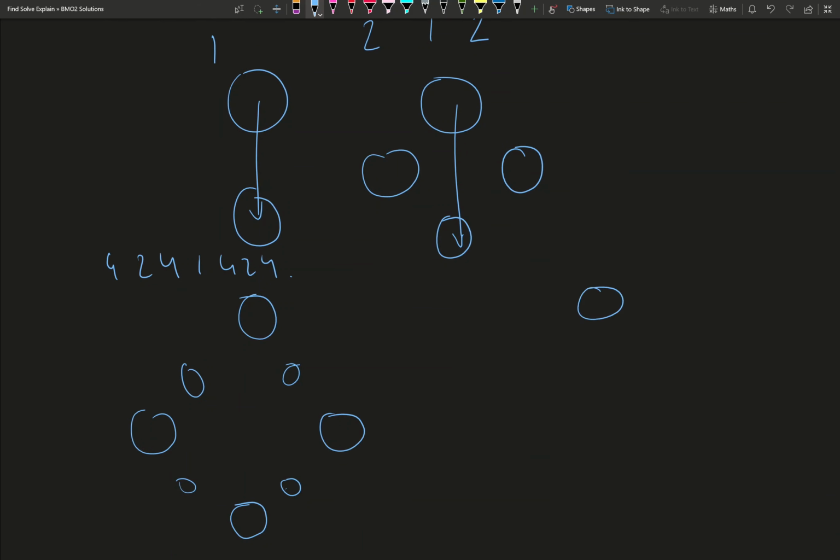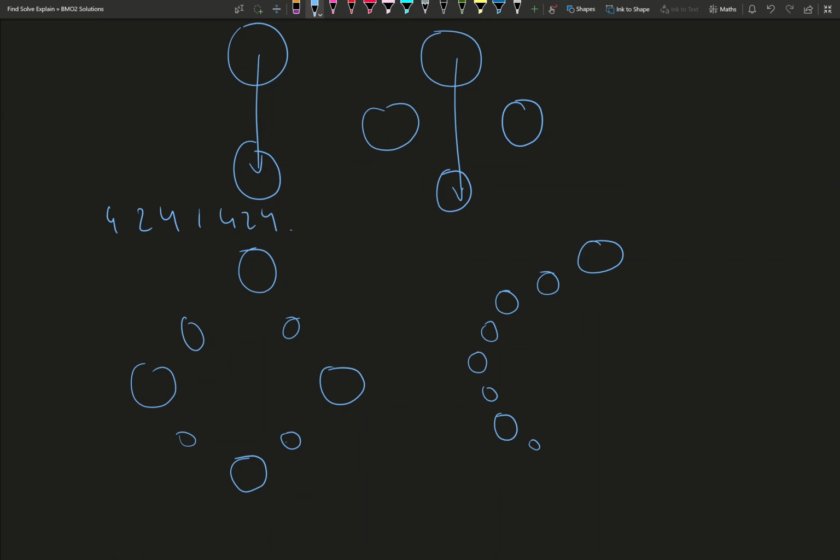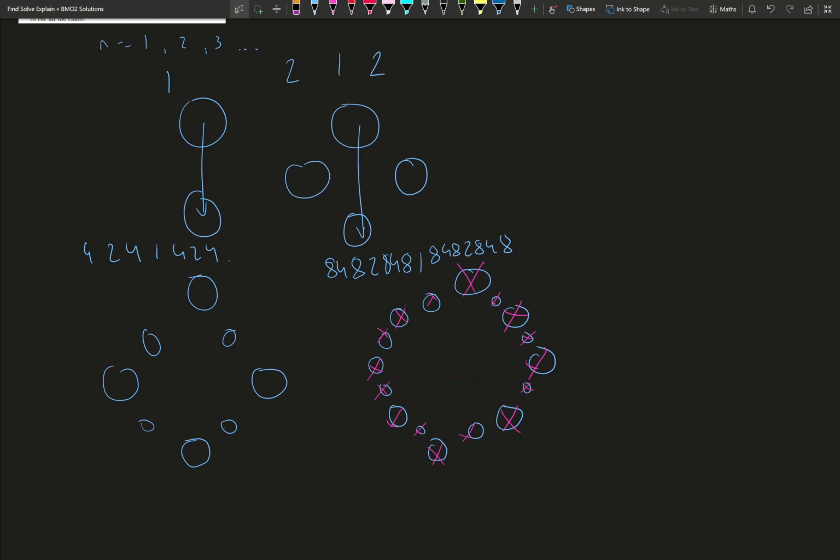So for 16, we basically do 8, but we times it by 2, so this would mean these bigger ones are all gone. But then we shift 1 and we get rid of all of these. And so from this we can see that every power of 2 is possible.